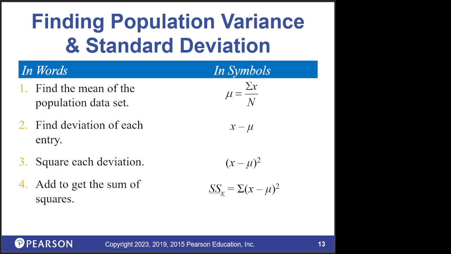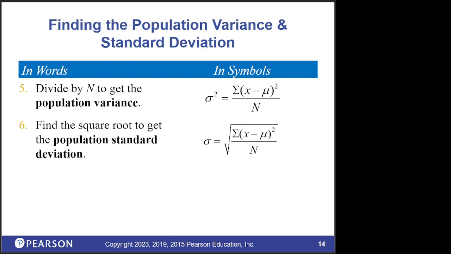And then once you have the sum, we're going to divide it by the number of entries in the data, and that will be the variance.